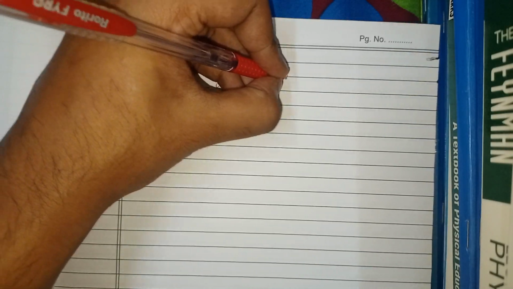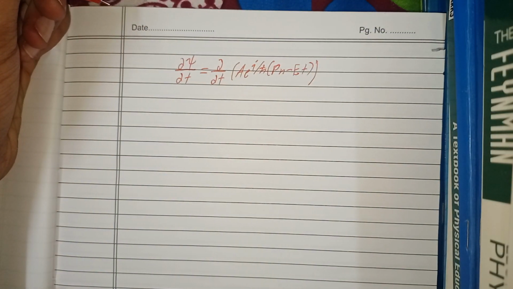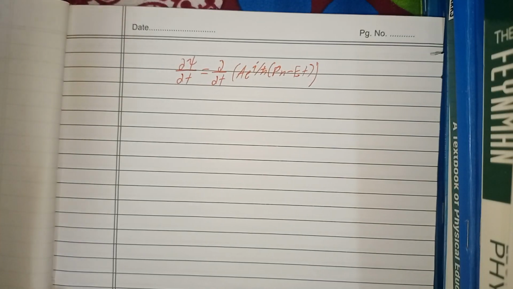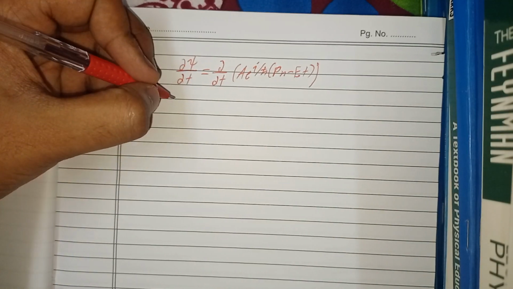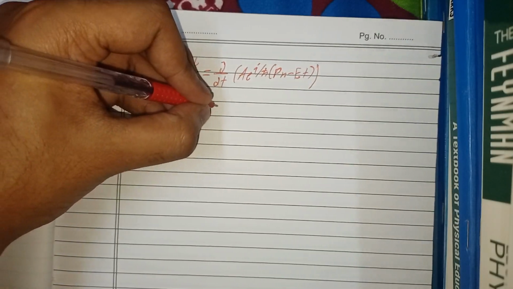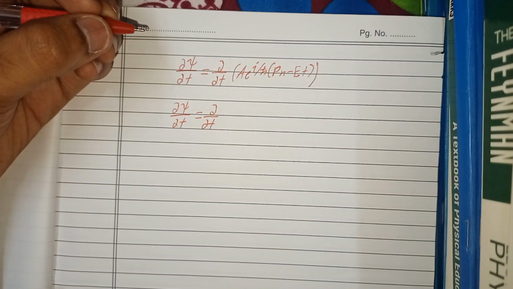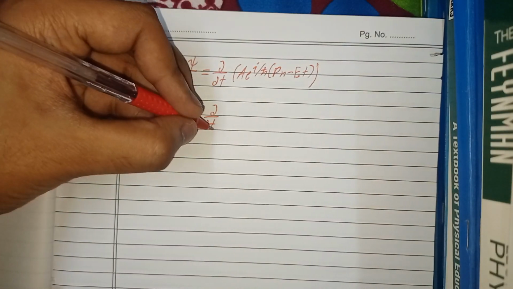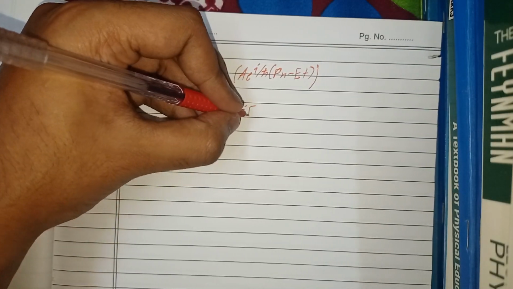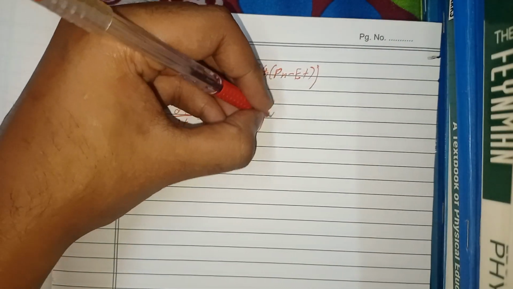This is the partial differentiation of the wave function with respect to time, and using the chain rule of calculus we get this. Using the chain rule we don't get this, we get this. I'm writing the same thing after all.